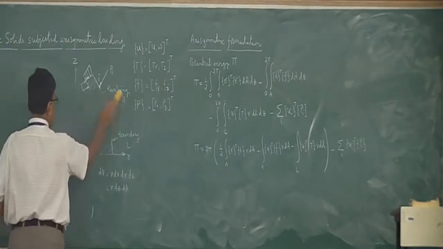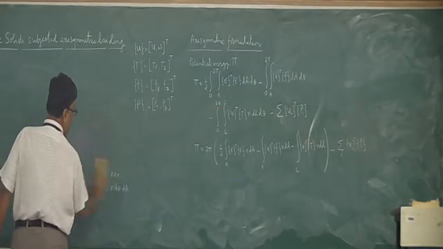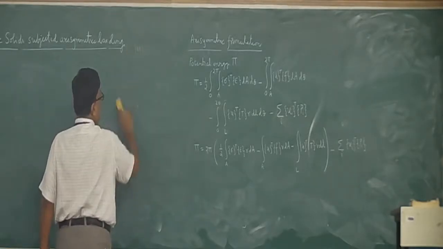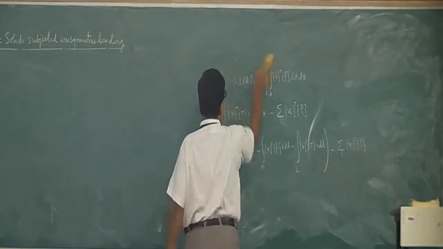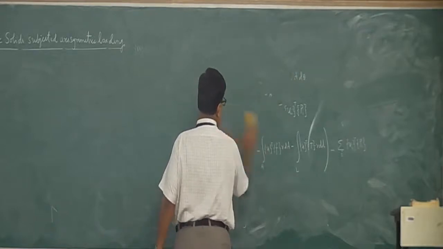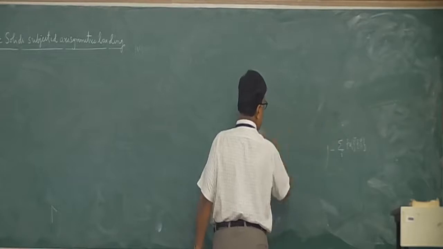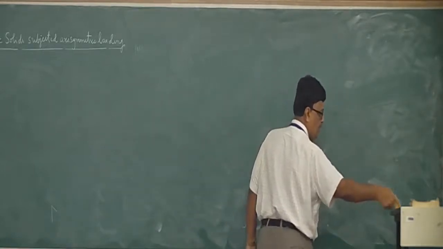But in the present case, in the case of axisymmetric solids, we also get one more component of strain, which is called epsilon theta. That is in the direction of the rotation. So let us see how exactly we can formulate that and how to write the strain and stress components here. Of course, the C matrix, the material characteristic matrix, is also going to be different here.